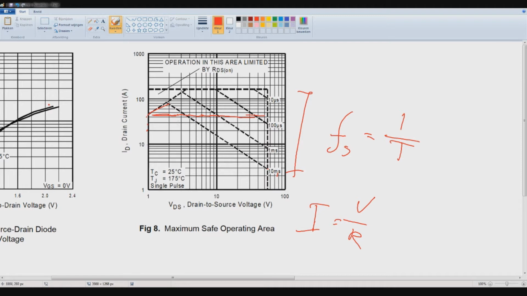Which is the recommended operation current. And you can see how it varies also per switching time.